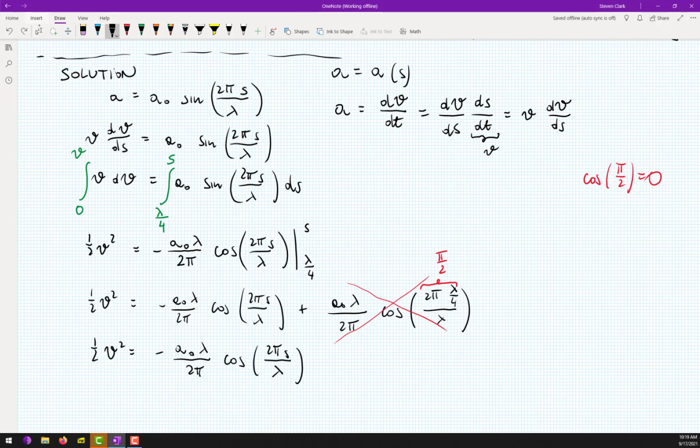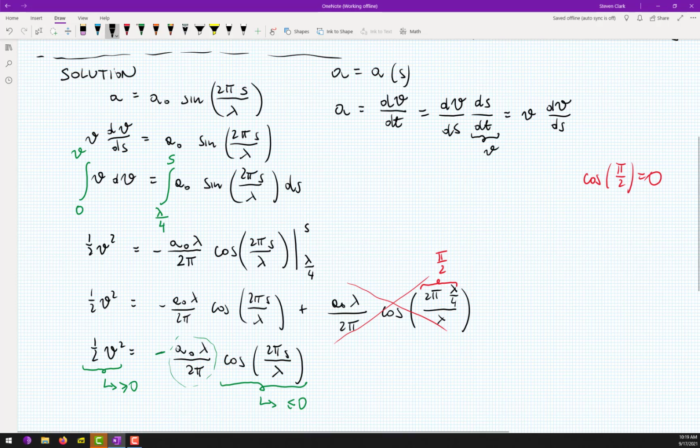Do you see that, guys? This is always larger than or equal to 0. It has to be. However, on the right-hand side, we have a negative sign. All of these other factors are positive. So we have to have a requirement: cosine must be less than or equal to 0 in order for this to be consistent.